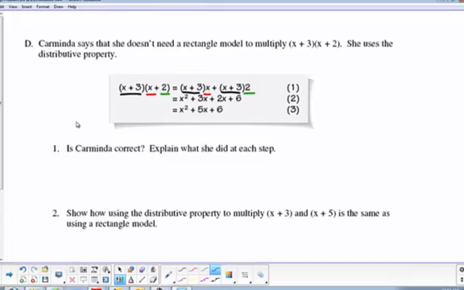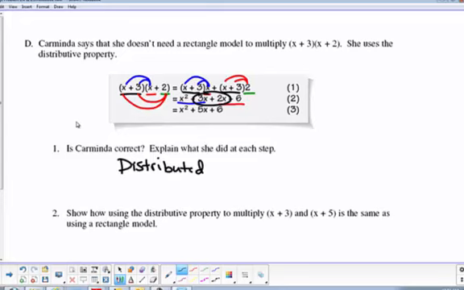So what she has done is she has distributed the x through to get that, and then she distributed the 2 through to get this, and then she put her like terms together. So Carminda did a good job. She distributed. And she is correct.